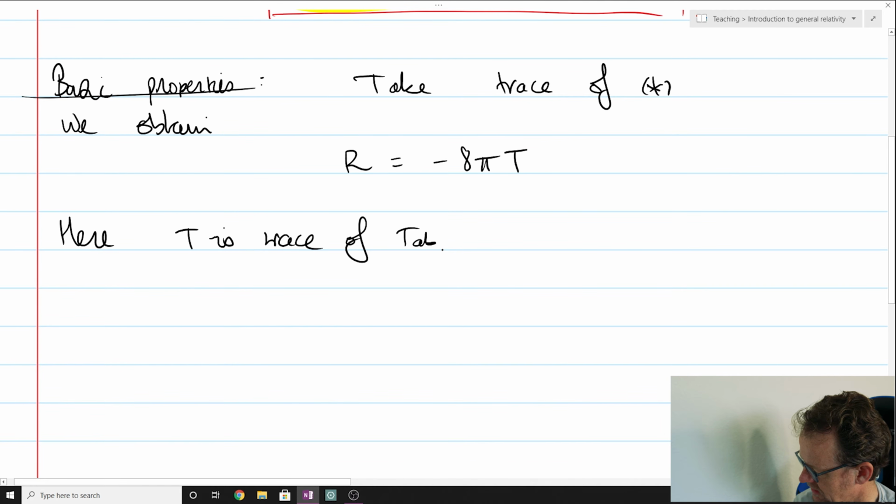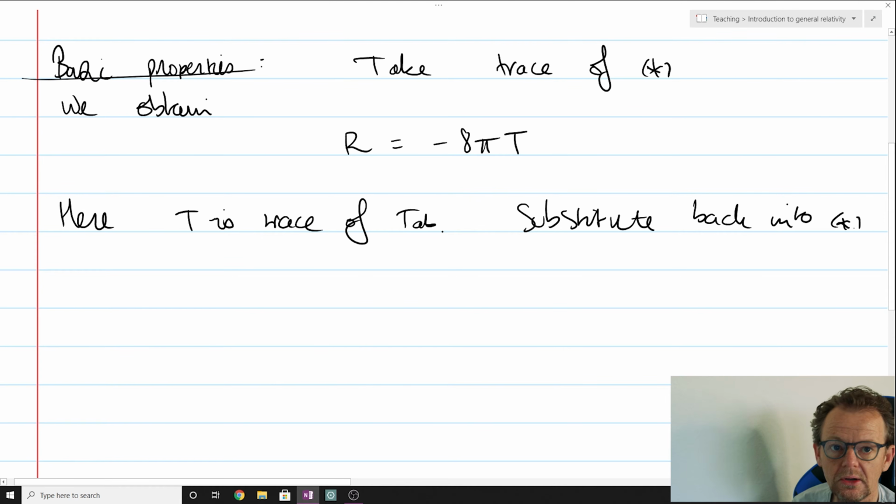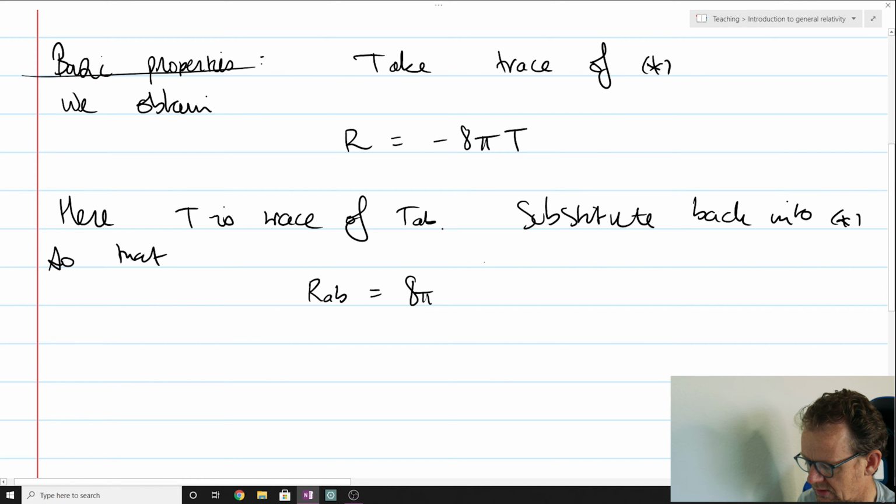Okay, and we can substitute this equation back into Einstein's field equations. So now we're just manipulating Einstein's field equations, and what do we obtain? Well, we obtain the following equation. Wherever you saw the Ricci scalar before, you can replace that with minus 8 pi T. And so on the left hand side, you've got the Ricci tensor, and on the right hand side, you have nearly only things that depend on the stress energy tensor.